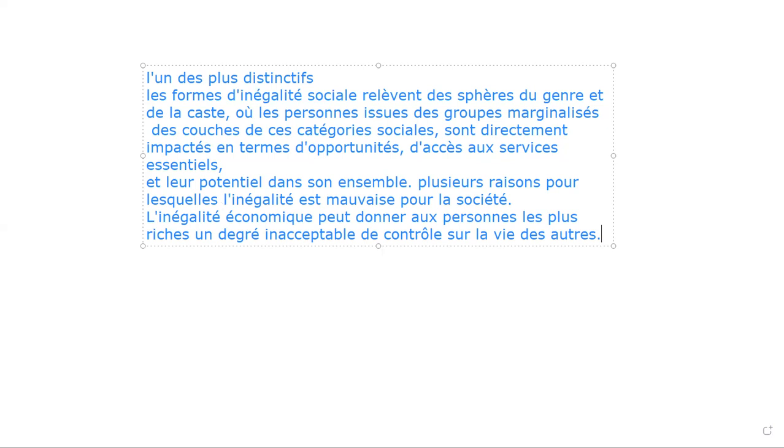Now, par exemple, l'inégalité économique peut donner aux personnes les plus riches un degré inacceptable. Economic inequality can give the richest people a degree of unacceptable.